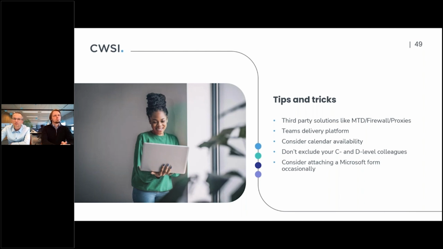The next thing is around calendar availability. It's useful to benchmark all your employees, all individuals.